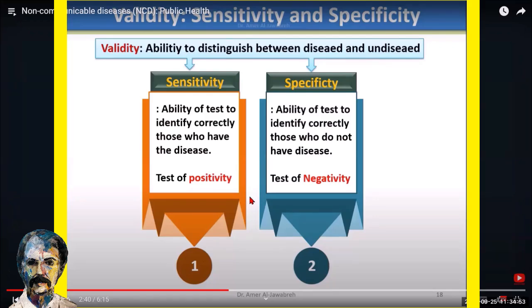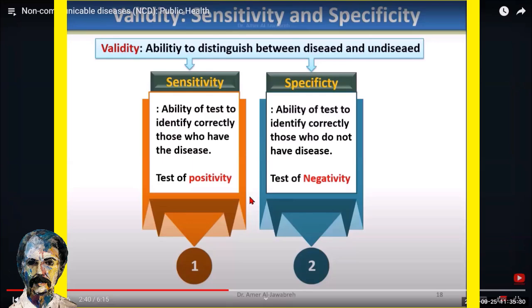It happens because of two things. Cross-reactivity: A and B and C maybe are very similar, so the test does not distinguish between them because of high similarity. So it detects positive. This we call cross-reactivity. Or interferences: there is something coming from outside your system, falling into the tube, and it was positive.